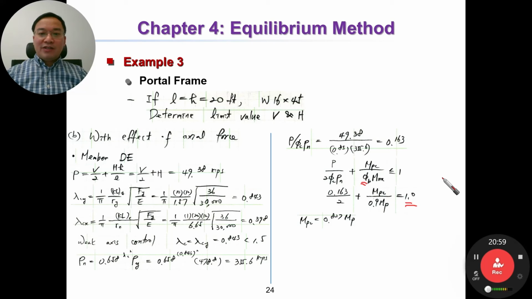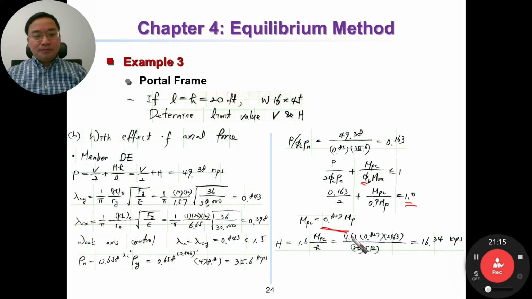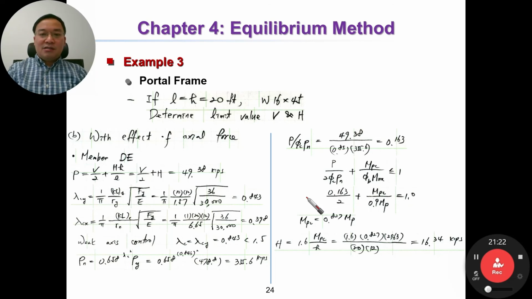And now we have the relationship between MPC and MP. MPC equal to 0.827 MP. So we saw that the effect of axial compression force is significant, because the ratio is not 1 but 0.8 something.